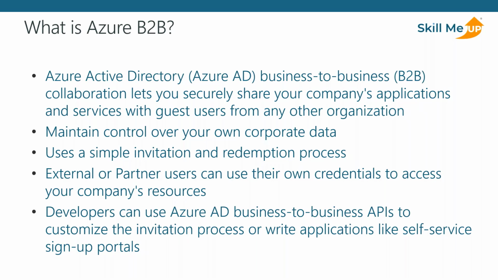You can maintain control over your own corporate data by doing this. It uses a simple invitation and redemption process. So you send the invite, they have to redeem that. External or partner users can use their own credentials to access company resources if they have them. And then as a dev guy, you can use the Azure AD B2B APIs to build your own process if you need to.